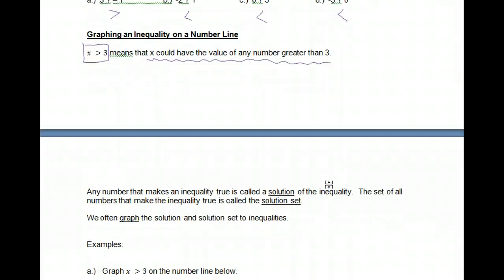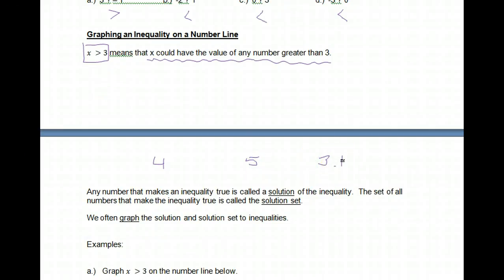Okay? So any number that makes an inequality true is called a solution of that inequality. So 4 is a solution. 5 is a solution. 3.1 is a solution.